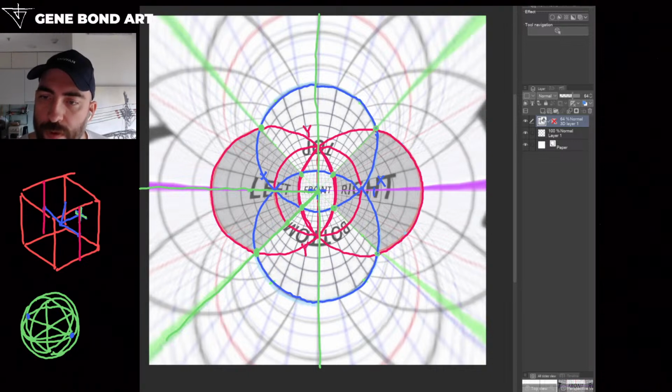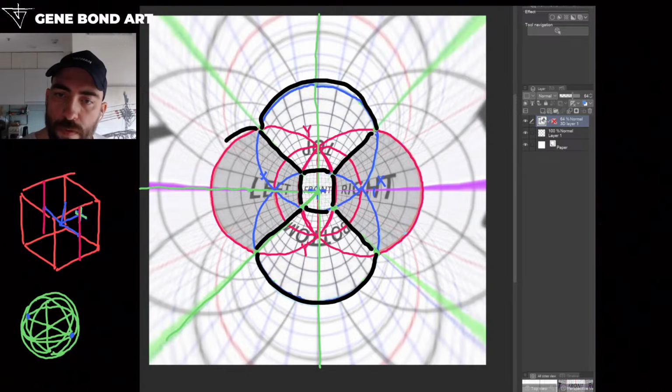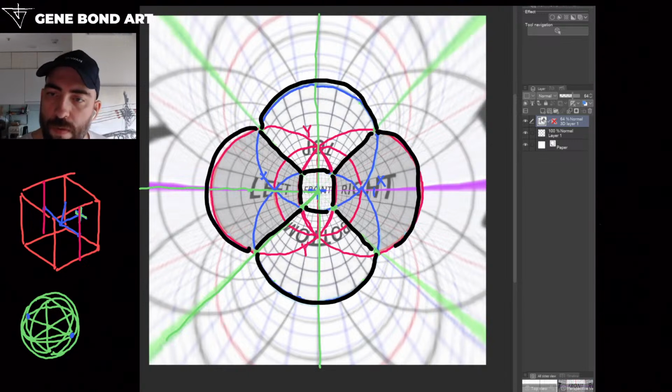Right, and again, just rebuild. So this is our cube. Right, so this is how this space looks inside.